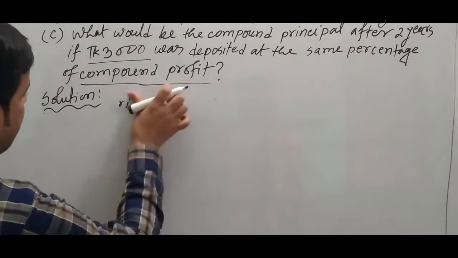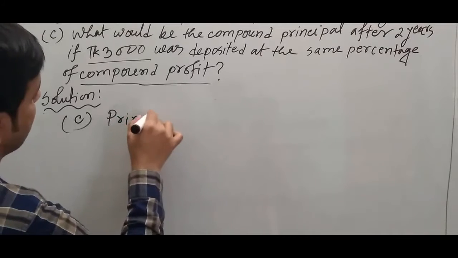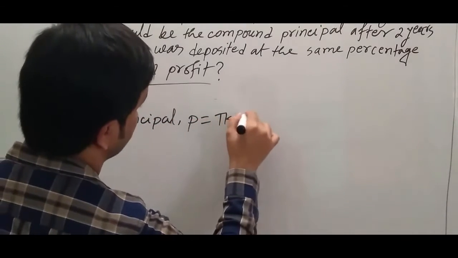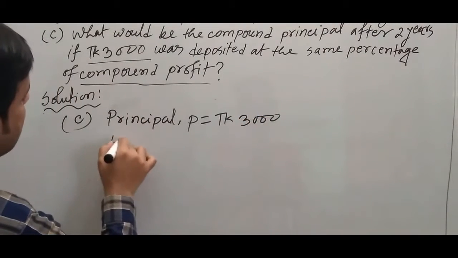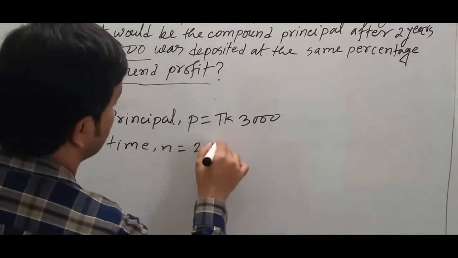We can write question C. Principal P equal to taka 3000, time n equal to 2 years.